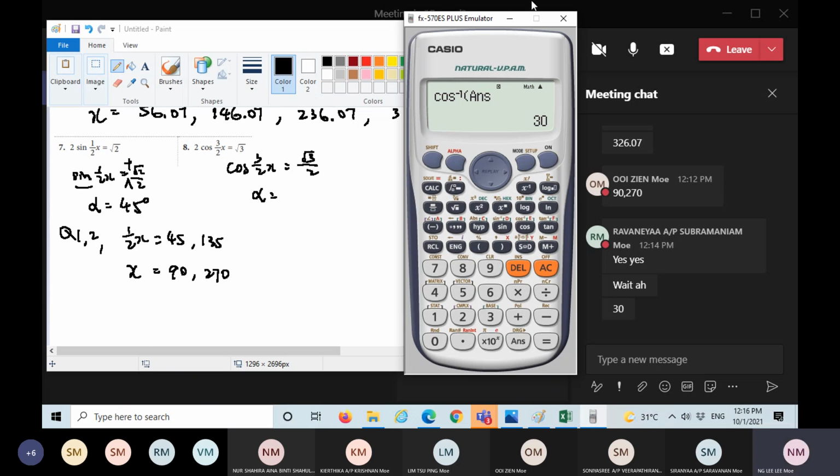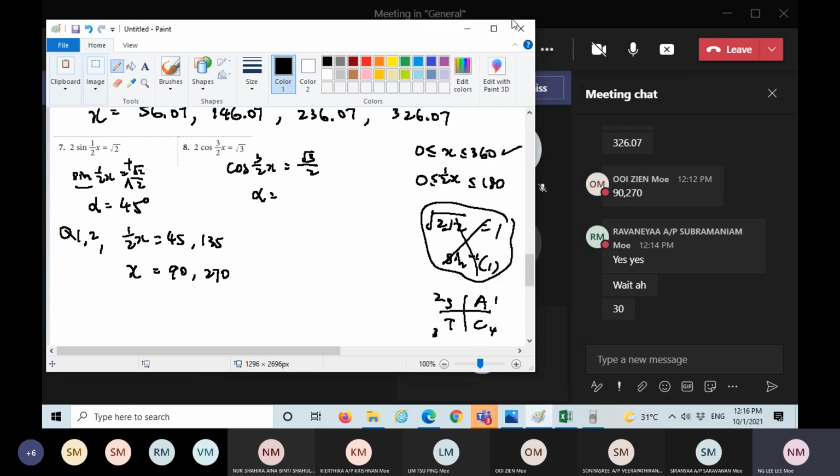But my book answer, pi is what? Pi is 180. 180 divide by 360. Okay, don't care. I don't know. Maybe the book answer wrong or what. Okay, so 30. Any objection, let me know. Okay, so this is 30.